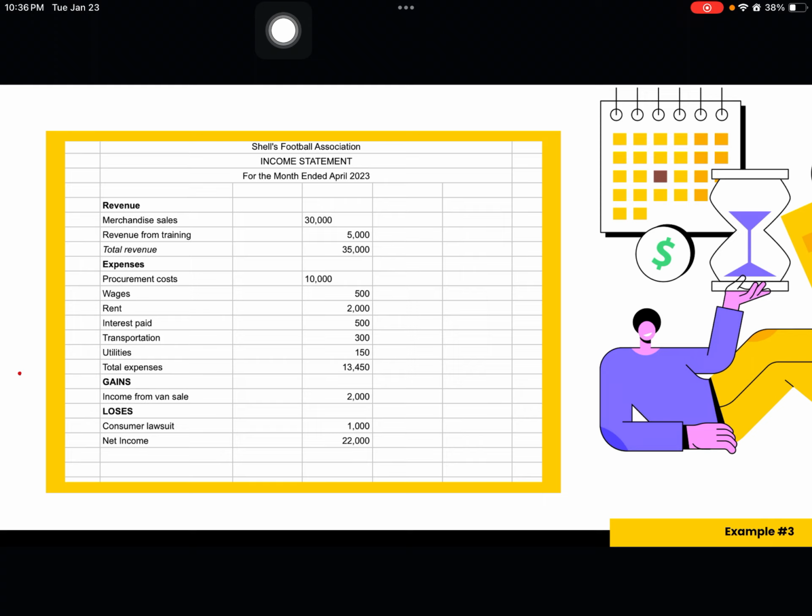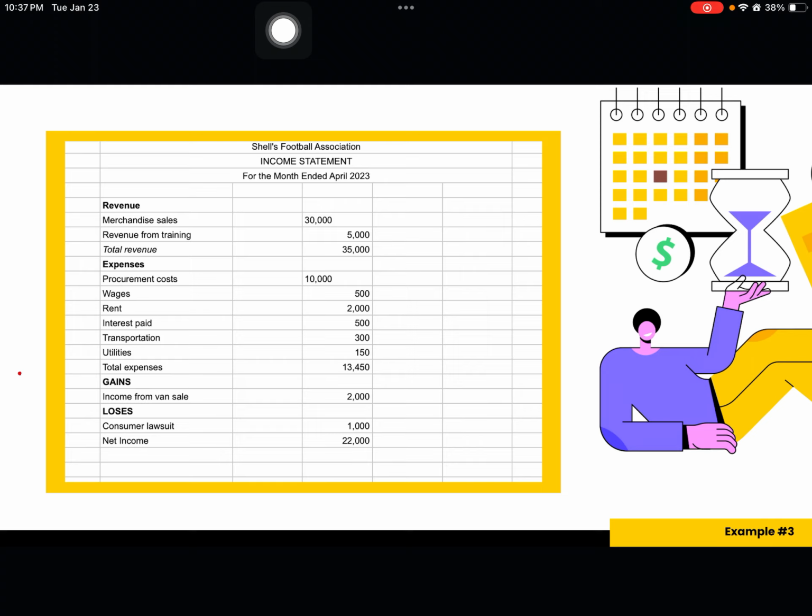Shelly's Football Association income statement for the month ended April. From the example, you can see that the association earned 30,000 from the sale of goods and another 5,000 by charging for training. The association spent money on various activities to arrive at total expenses of 13,450.